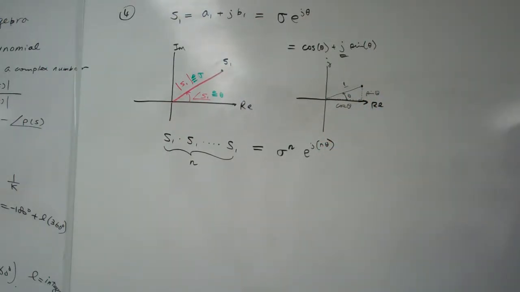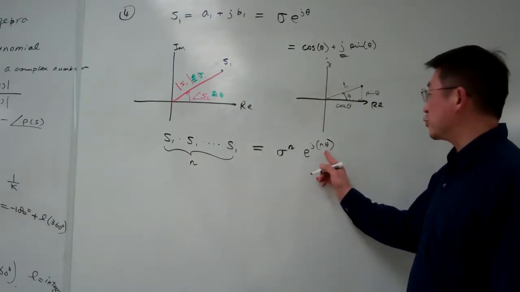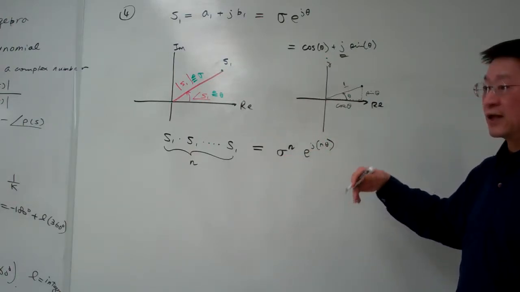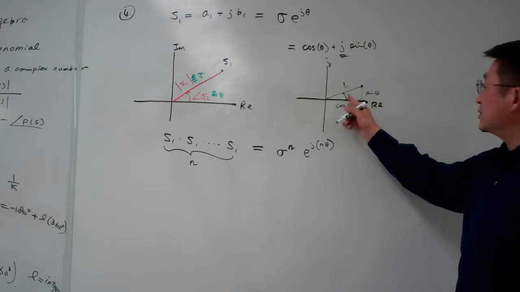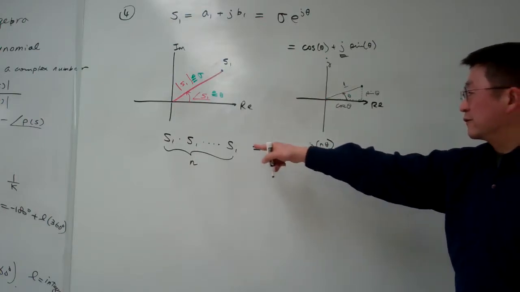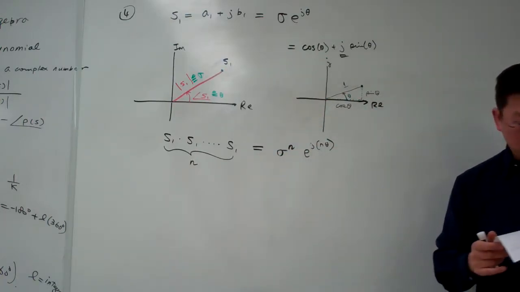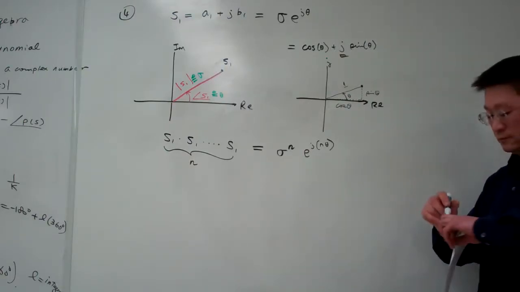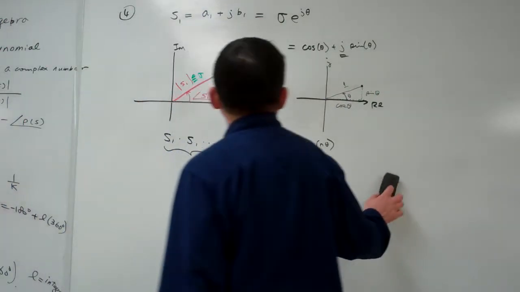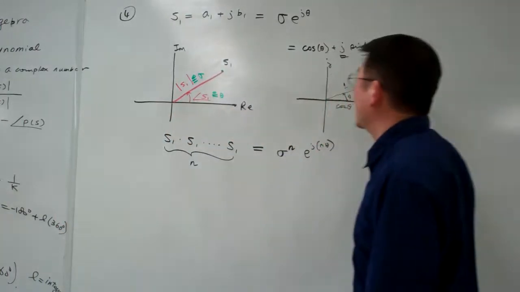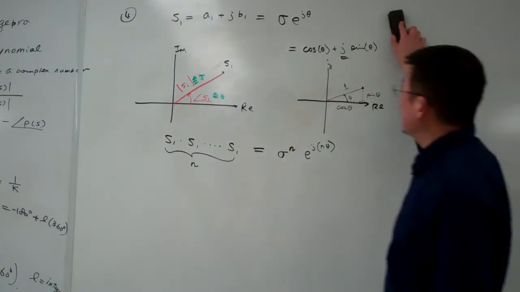Graphically, you should be able to draw this quickly. Given the magnitude, you simply raise sigma to the n, and given this theta, you simply add it up n times, then n theta will give the phase angle of this one. Okay, I like to keep this portion because later we'll start with this one. Right now I just summarize the useful information for everyone.